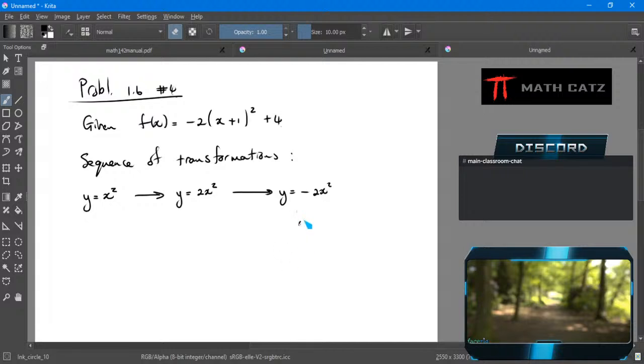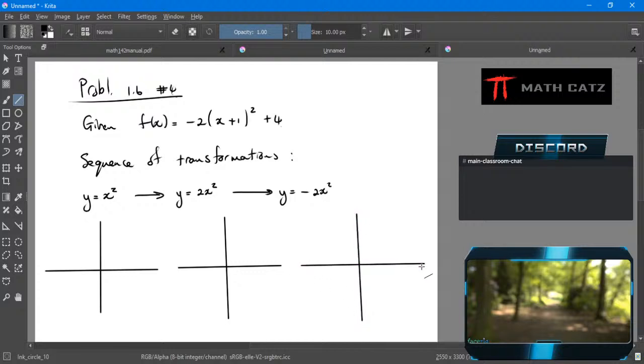And the arrow needs to go. All right. Now let's set up some XY axes here. And then we'll do the last two in that sequence underneath.